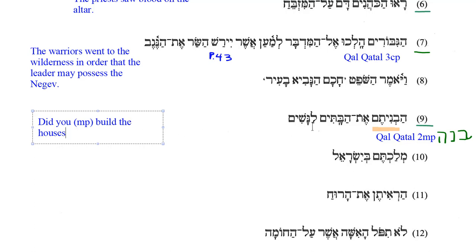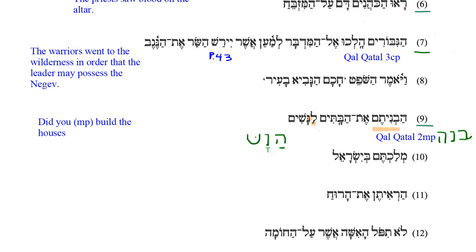And then finally we have la-nashim. So nashim is women, and we have the lamed preposition, and notice we also have the patach and the dagesh forte in the first letter, which indicates that we did have an article.